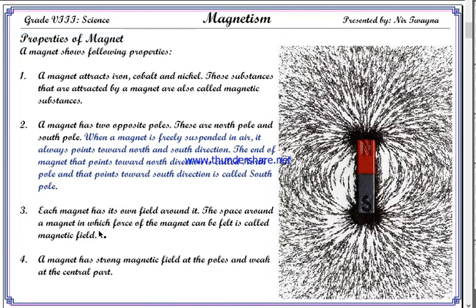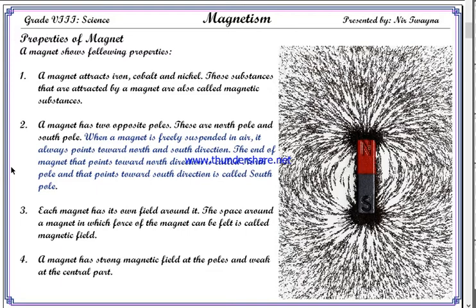It says each magnet has its own field around it. That means if I hold a magnet at my home, can you feel its force at your home? Definitely not. That is not possible.